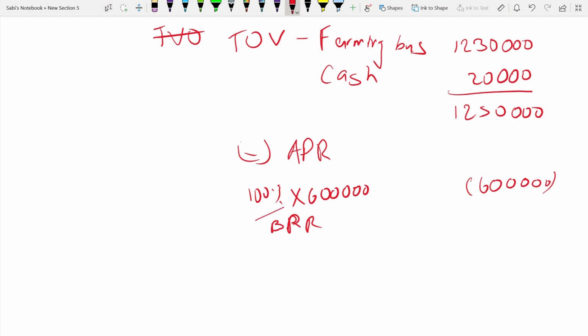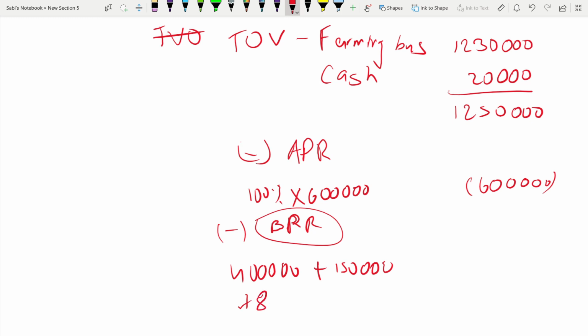Therefore, you're going to get BPR on the rest of the value. So now 400,000 plus 150,000 plus 80,000 into 100%. Because it's an unincorporated business, you will get 100% of BPR, which is 630,000.